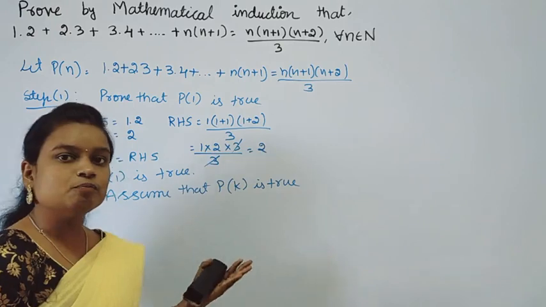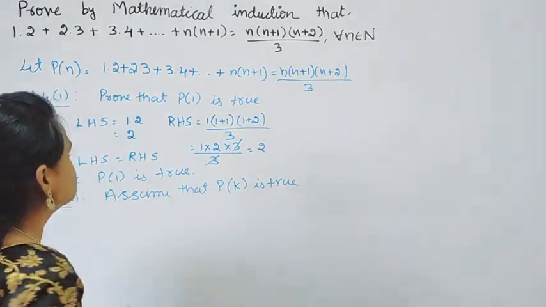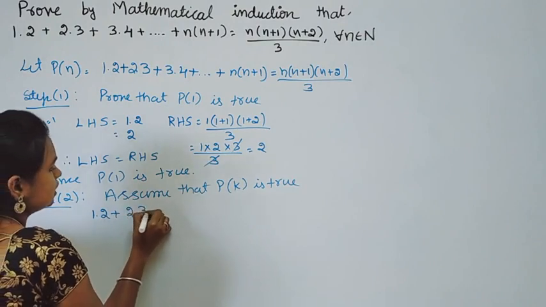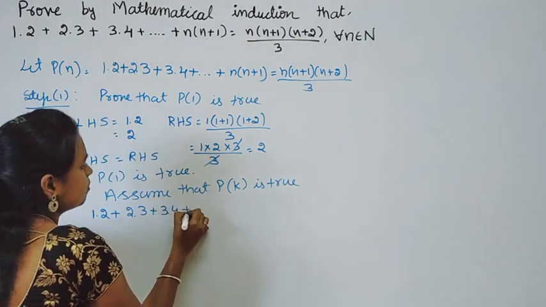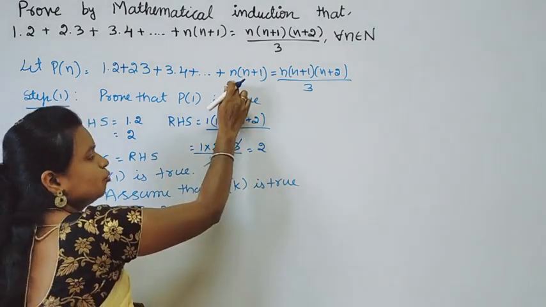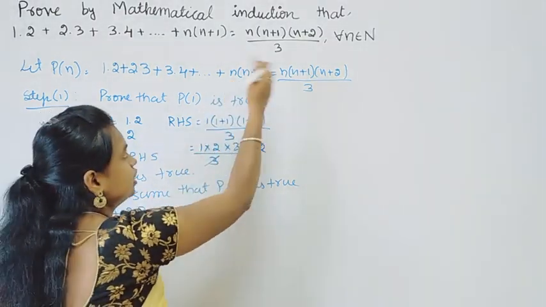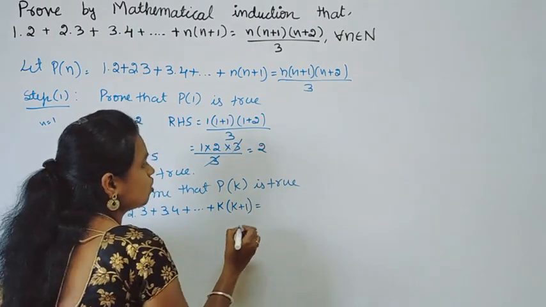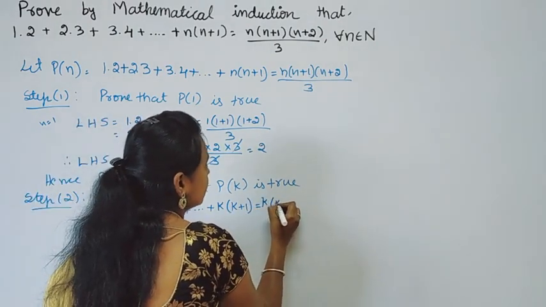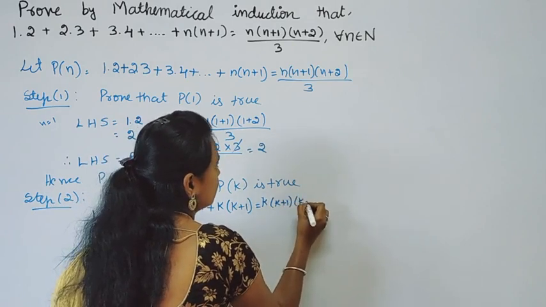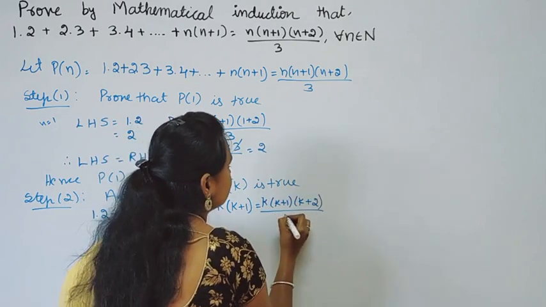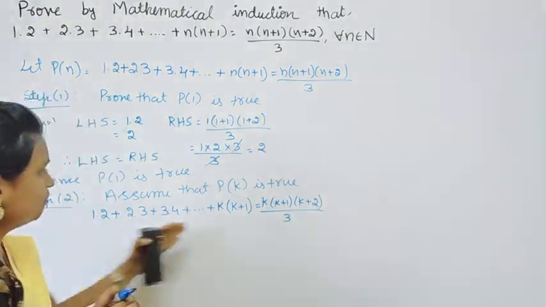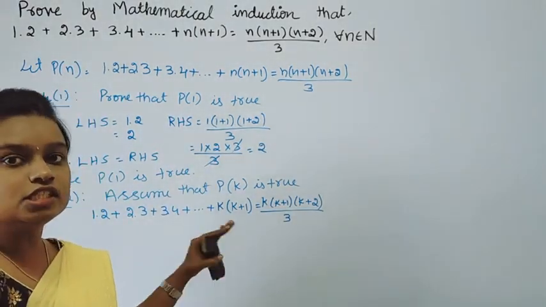P of k is true means 1 into 2 plus 2 into 3 plus 3 into 4 plus etc. plus, putting n is equal to k, k into k plus 1, that is equal to k into k plus 1 into k plus 2, whole divided by 3. If the given statement is true for some k, then the statement becomes like this. This is our step 2.